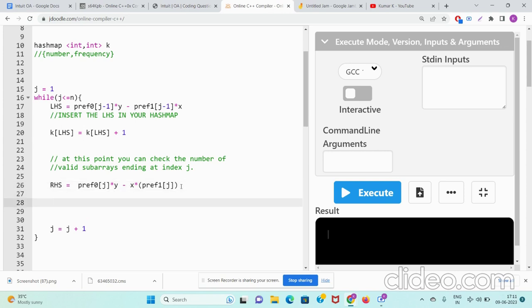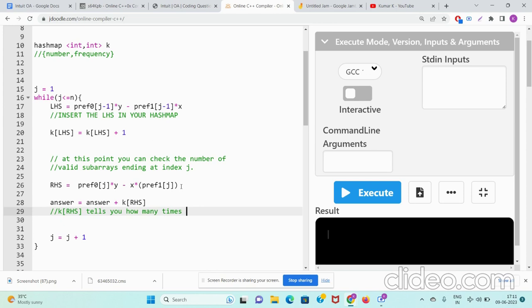So answer is equal to answer plus how many times this RHS has come. So this will be nothing but K of RHS. K of RHS tells you how many times RHS has come in the hash map.